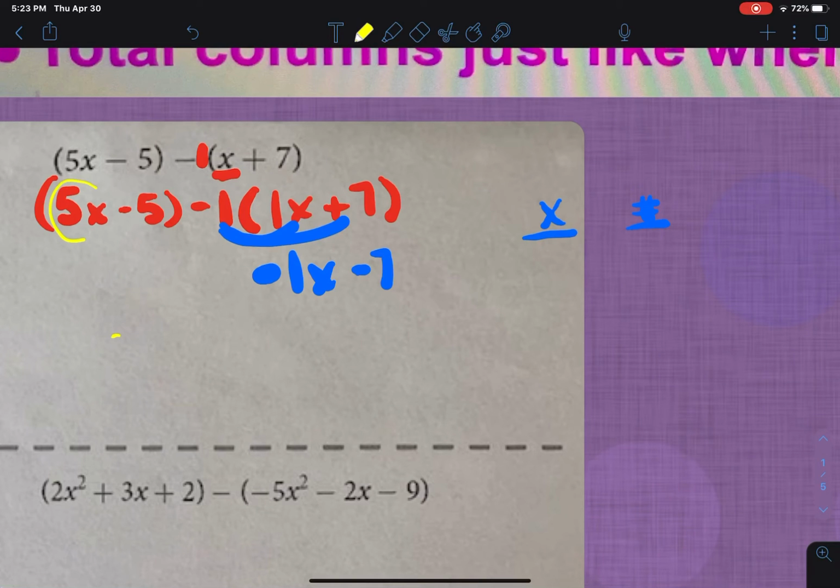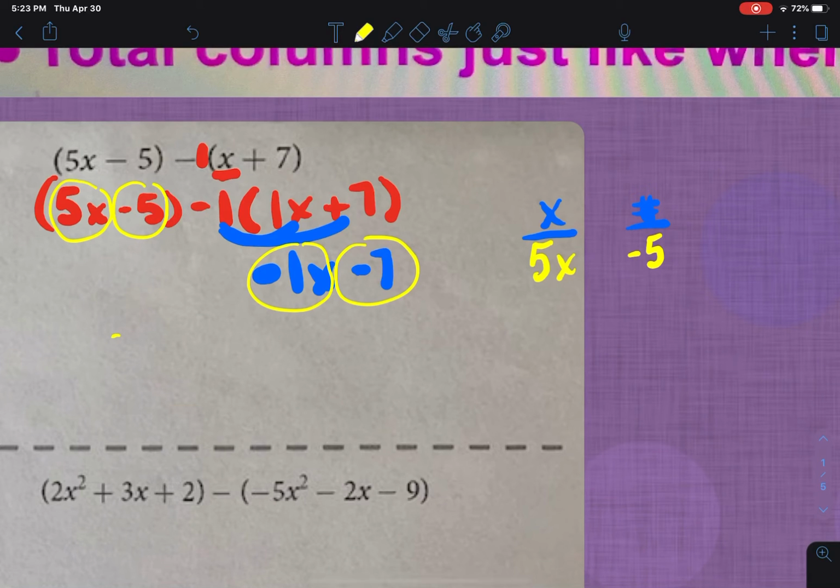Okay, now I'm going to start to put those in the columns they belong in. So 5x and minus 5 and negative 1x and negative 7. If I were to total this now, I would end up in this column, positive 5 and negative 1 would be positive 4.